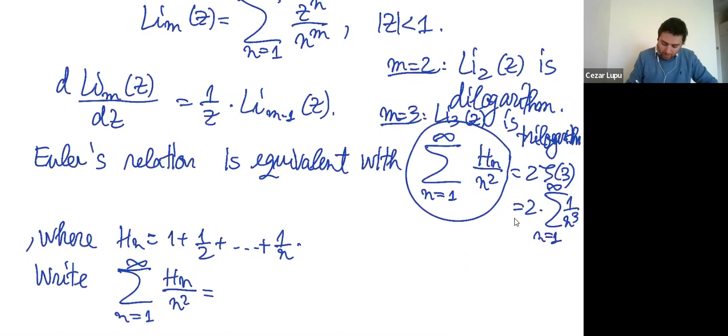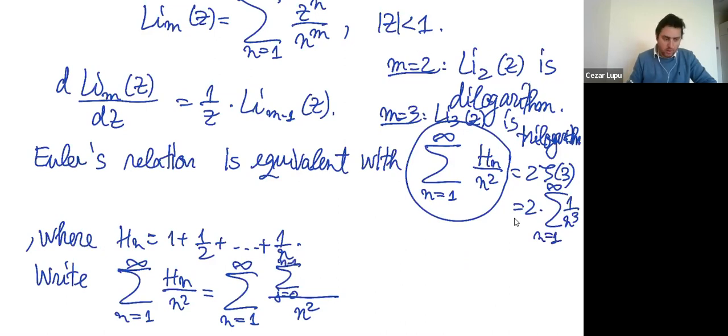And the way I'm going to write this is in the following way. I'm going to write h_n, the harmonic number, as an integral. I'm just going to leave the denominator and work on the numerator. So this would be the sum from j equals 0 to n minus 1 of the integral from 0 to 1 of t to the power j dt, correct?